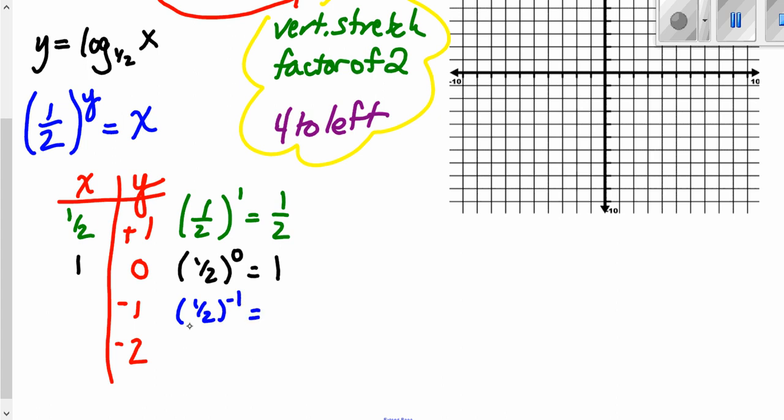Well, a negative exponent switches top and bottom, so then I'd have just 2 to the +1, which is 2. That's helpful. And then my last one is going to be 1/2 to the -2, which would be 2 over 1 to the +2, which is 4. So we're going to plot those points.